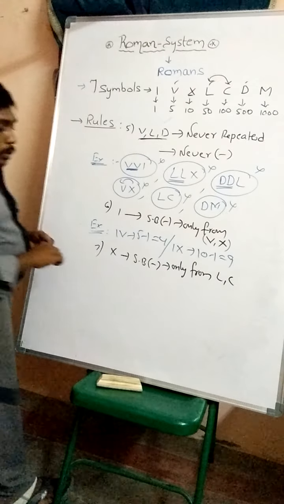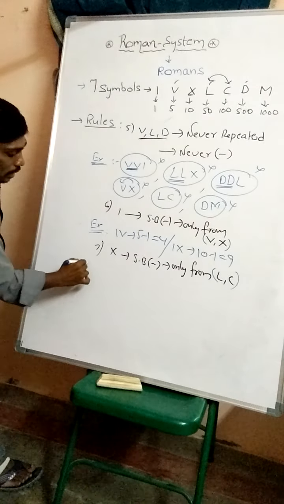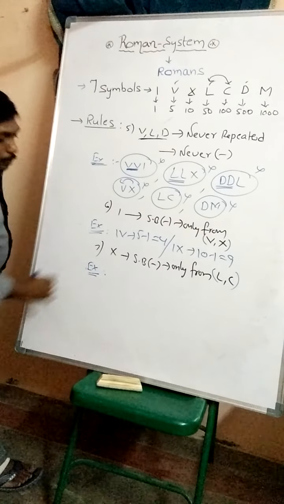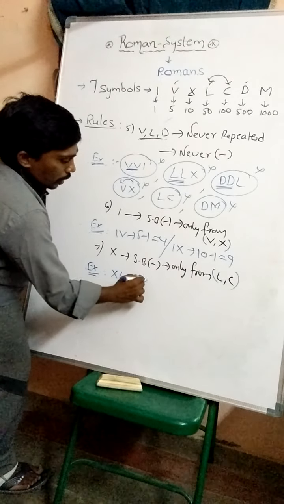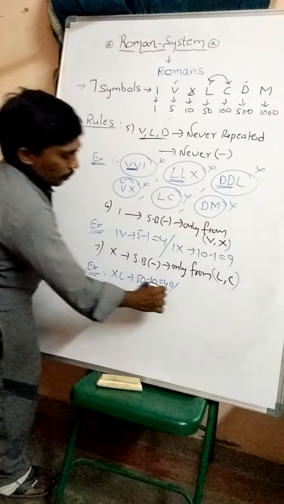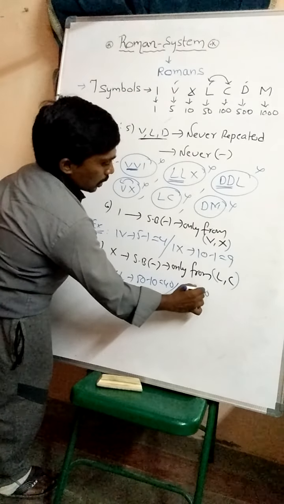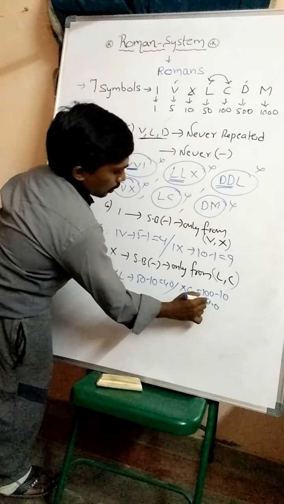L and C. So X is subtracted only from L and C. Let us see one example. X is subtracted from L: 50 minus 10 equals 40. In the same way, X is subtracted from C: 100 minus 10 equals 90.